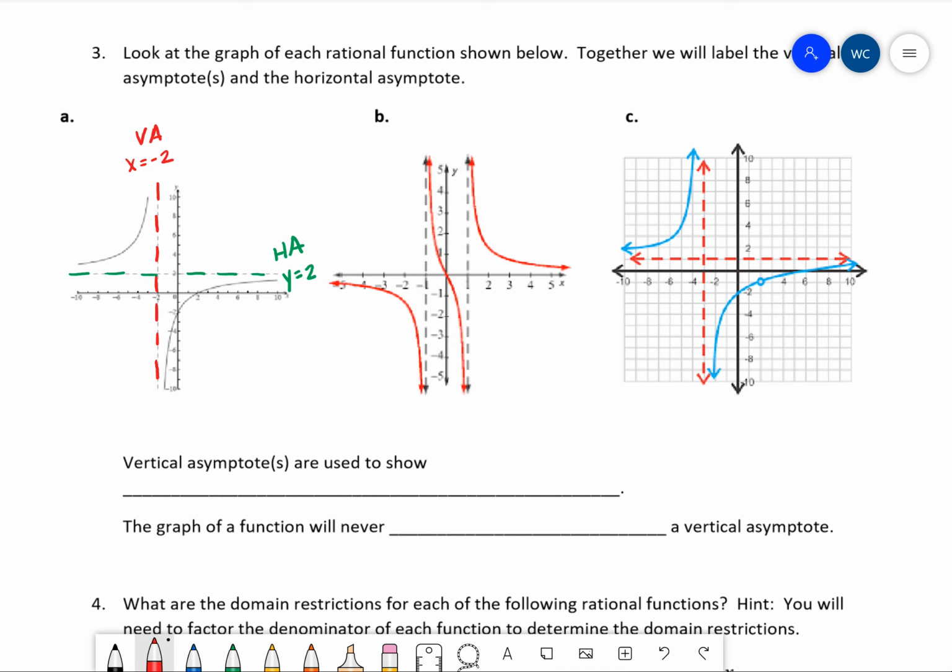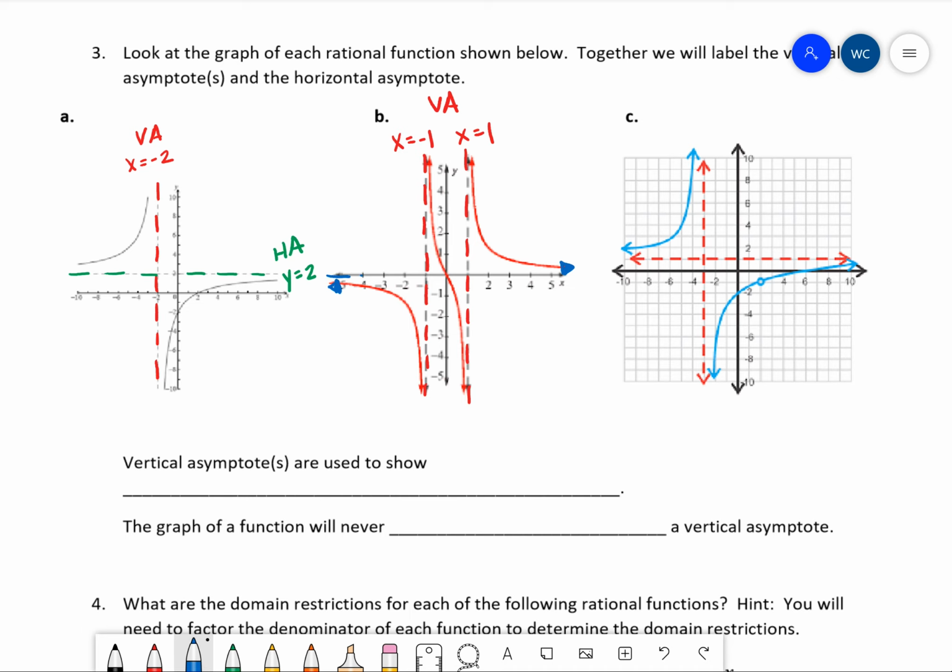Now, this one's slightly different. Okay, so my vertical asymptotes, I have 2 of them, right? I have one that goes through -1 and one that goes through +1. So I have 2 vertical asymptotes, at x equals -1 and x equals 1. Now, I don't have a horizontal dotted line, but if I pay very close attention to the end behaviors of my 2 graphs here, I notice that they get really, really close to the x-axis, but they don't actually cross it.